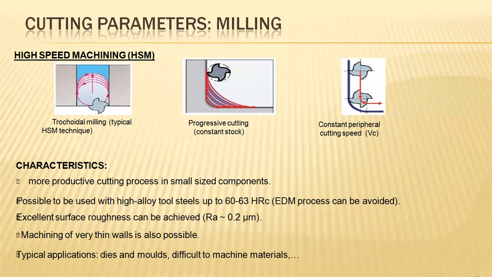Nominally, in the case of trochoidal milling, that is the high speed machining process, there is progressive cutting and constant peripheral cutting speed. These are the pictorial representations showing how it is widened in the milling process.